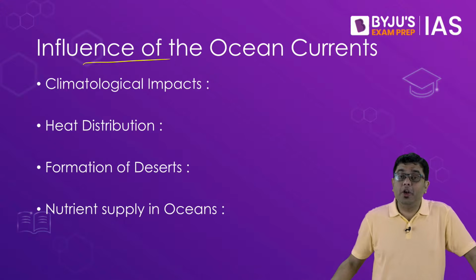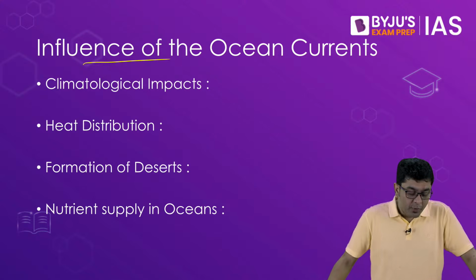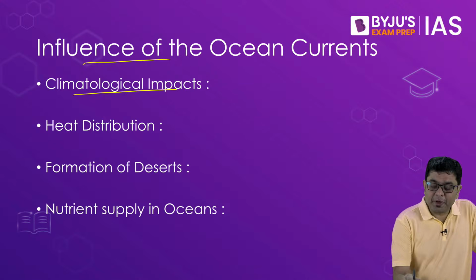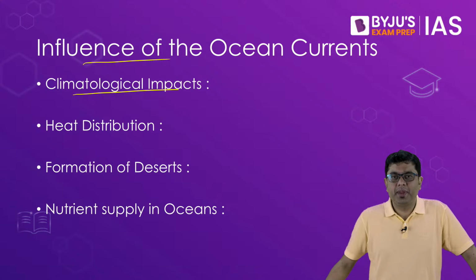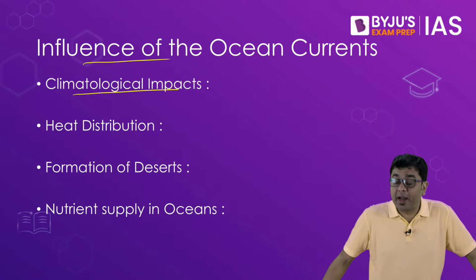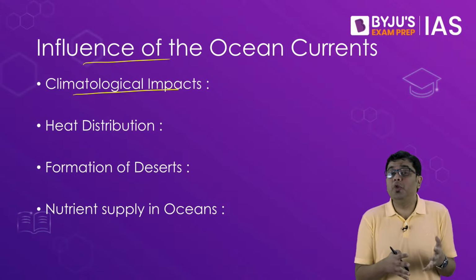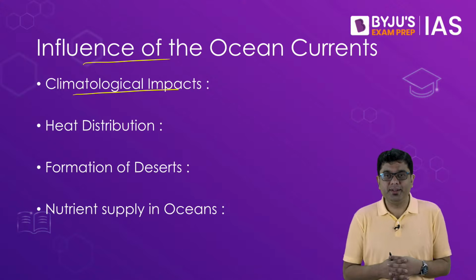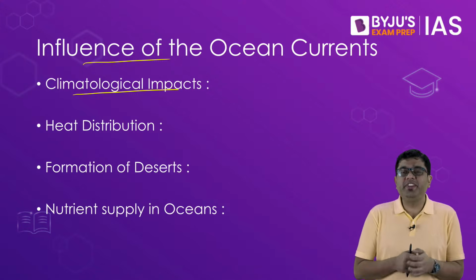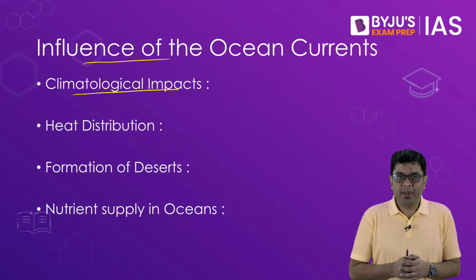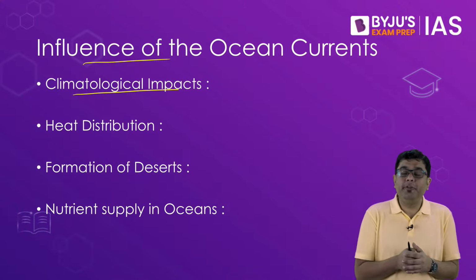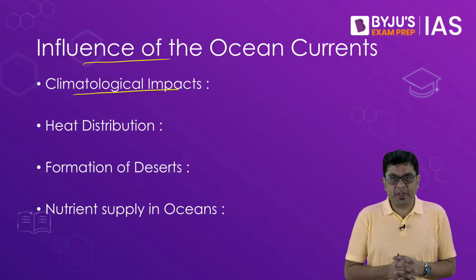Now, if you take a look at the influences, one of the factors is the climatological influence. When you have the winds coming over from warm ocean currents, these winds will always bring in rainfall. They also end up influencing the temperature in that region.